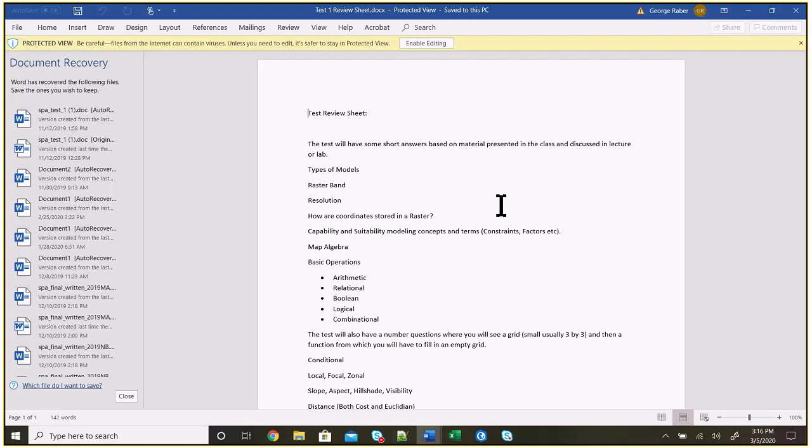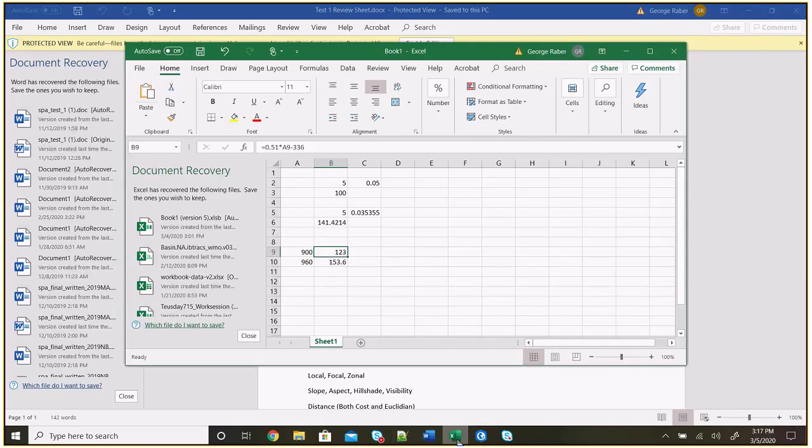Actually, there are three types: the short answer questions, the modeling questions, and finally some questions where you'll get a small grid, kind of like what you did for this lab, and you'll have to produce the answer. They'll look like this.